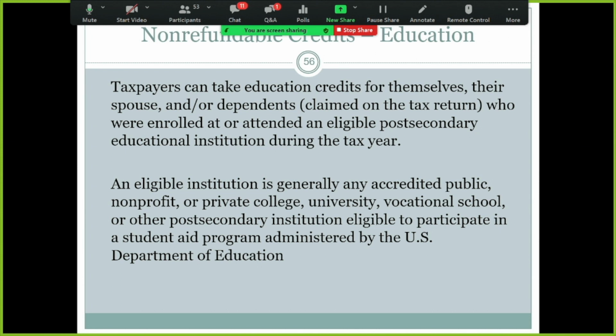The time that the person was in school impacts the type of credit that they will be able to qualify for. Now, what is an eligible institution? An eligible institution is generally any accredited public, nonprofit, or private college, university, vocational school, or other post-secondary institution eligible to participate in a student aid program that's administered by the U.S. Department of Education.